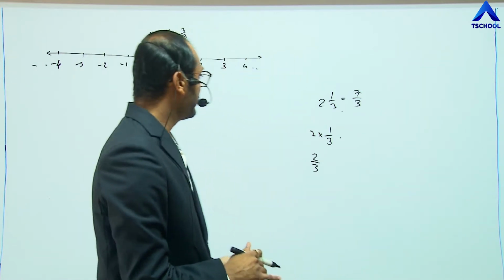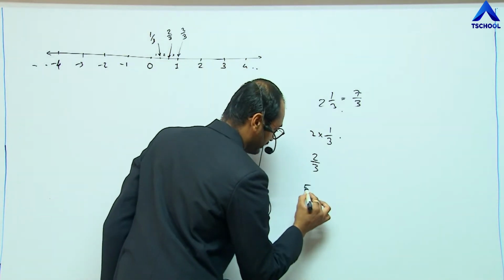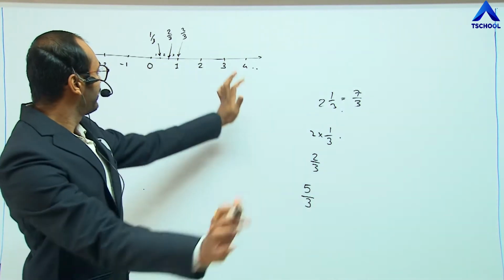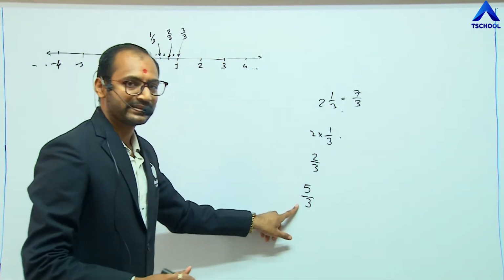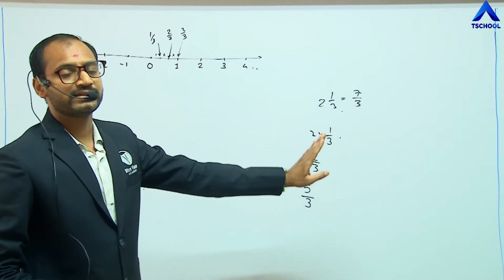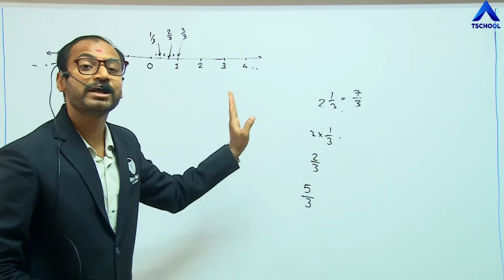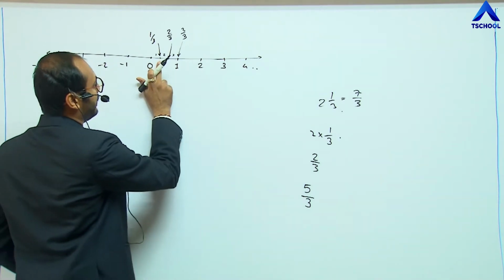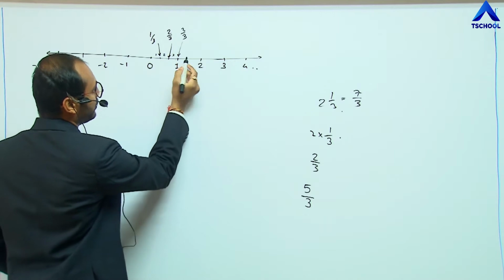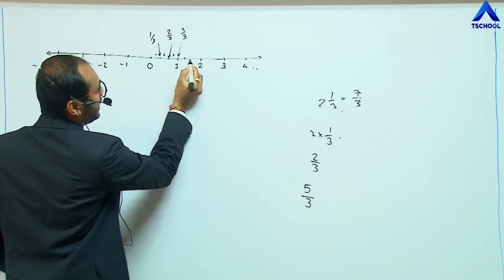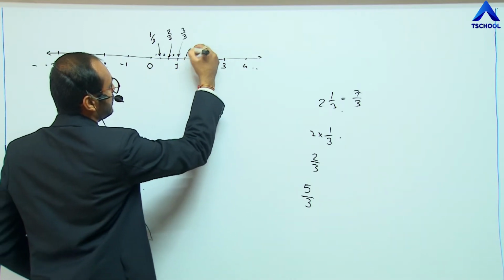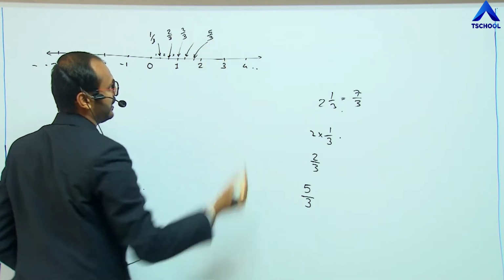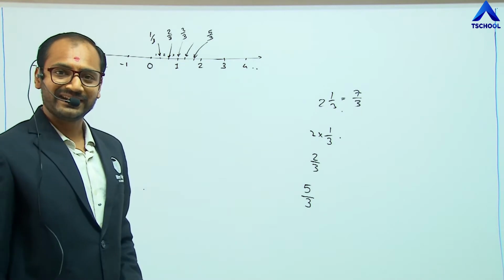And how can we represent 5 upon 3? We can say that 5 upon 3 is represented at the fifth distance. It means 5 times 1 upon 3. Here is 1 upon 3, 2 upon 3, 3 upon 3, at the same equal distances, and this is 5 upon 3. Is it clear?